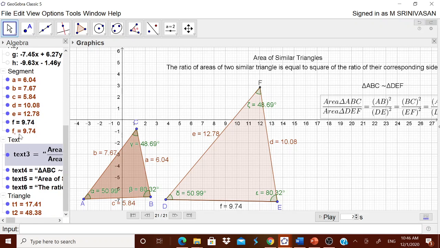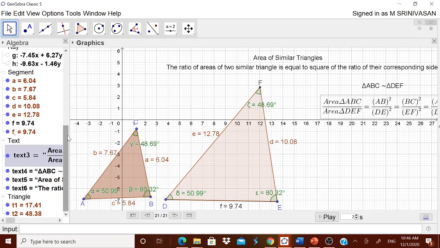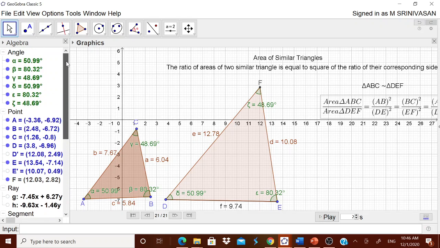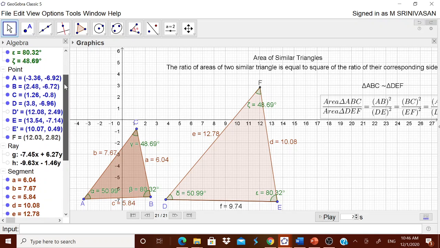It has taken up to F. Therefore, G is also taken, H is also taken. Now you can have the liberty to use I, J, K, L, M, N and so on. Please fix it in the beginning itself. Otherwise, if you are fixing a variable already taken by GeoGebra, then it will have a kind of mismatch. Therefore, you should be a bit careful.